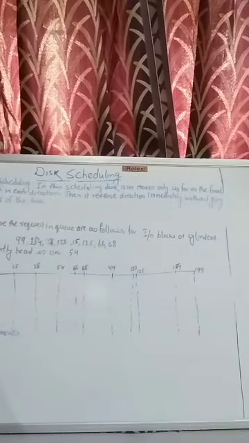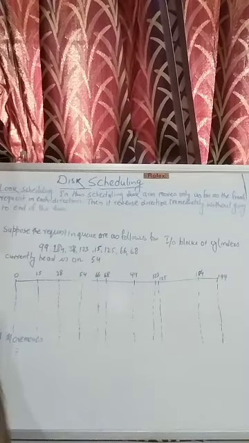Now, the issues of this scheduling. In this scheduling, the disk head moves only as far as the final request in each direction, then it reverses direction immediately without going to the end of the disk. So this is the practical way to implement the disk movement.